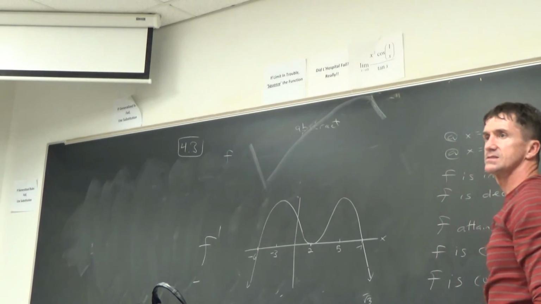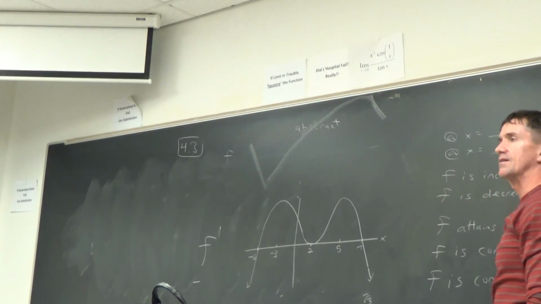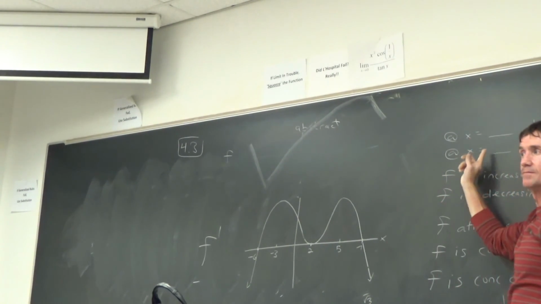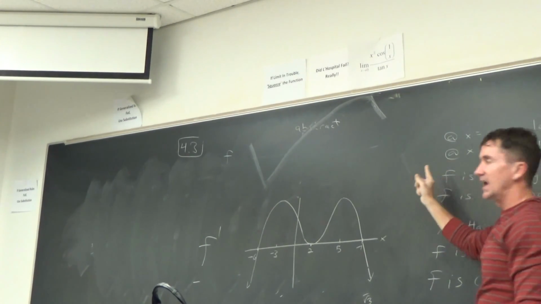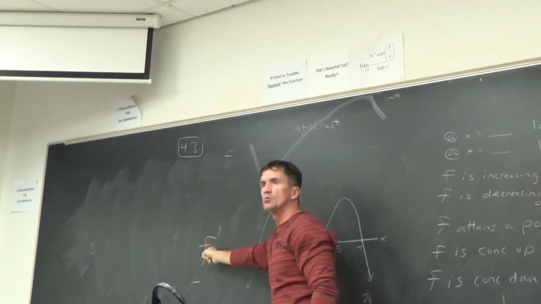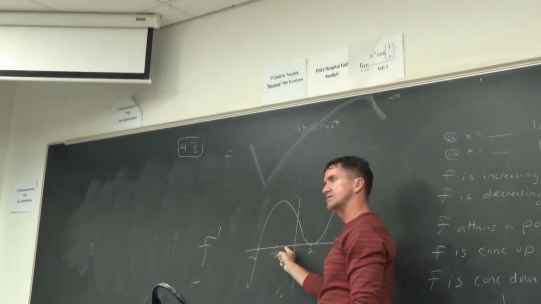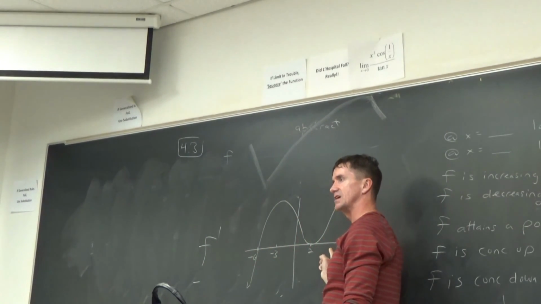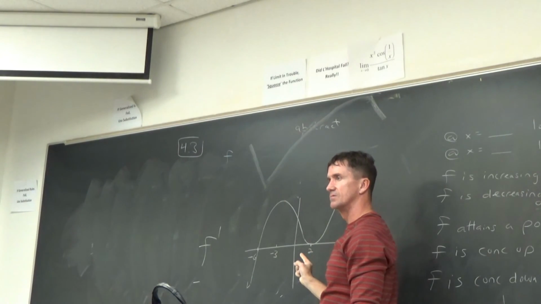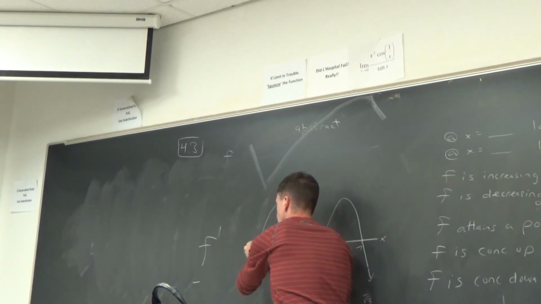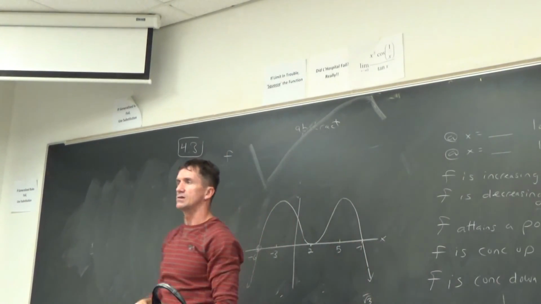But what's key is, I think we know how to identify the local max and min right away. It's when the first derivative equals 0. So for local max and mins, get your eyes right on this axis right here. Do you see any place where the first derivative equals 0? All right, here's one. Now you might use your hands to do this.